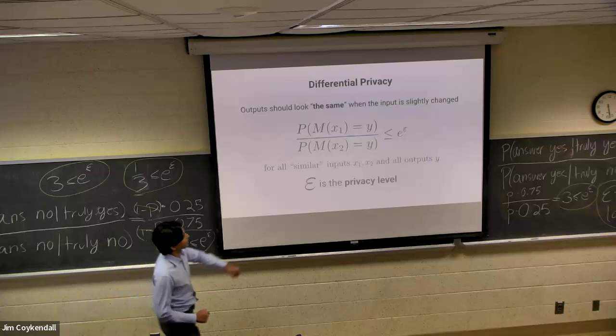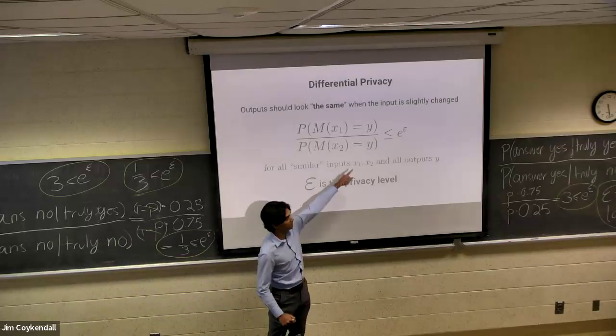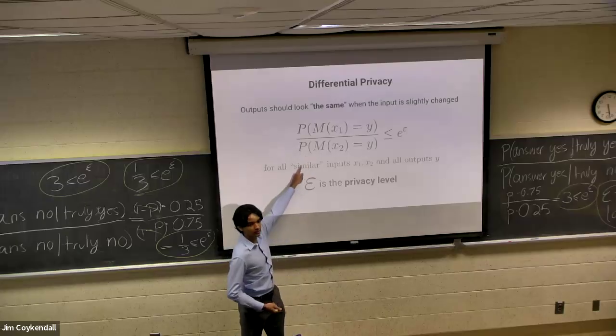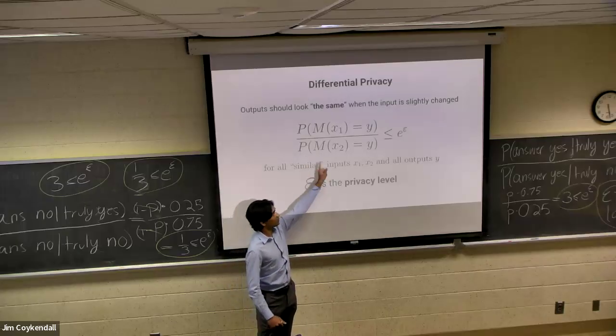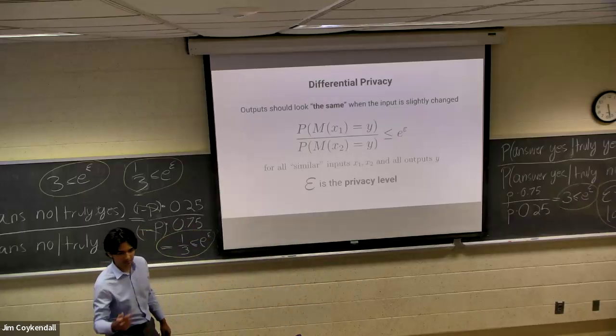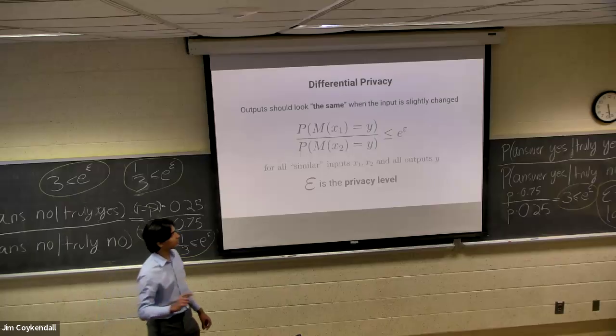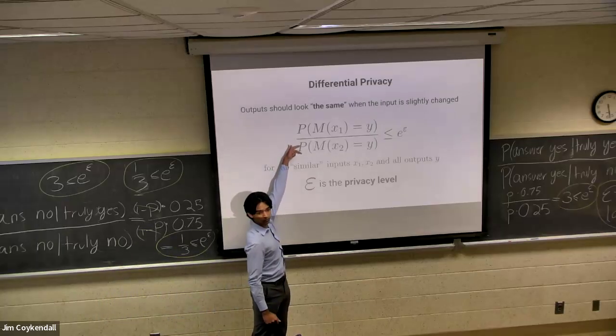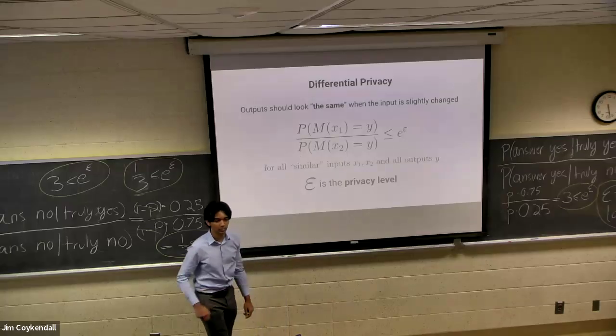And so you have perfect privacy, but you don't learn anything. Does that make sense? When epsilon is 0, this is less than or equal to 1, which is the worst case. Epsilon can never be less than 0, because if it was, we just flip these two, because that quantity also has to be upper bounded by e to the epsilon.